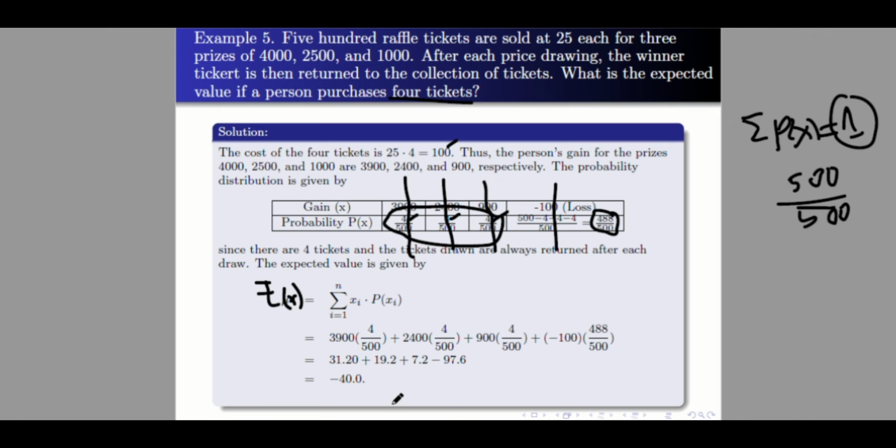So the result is negative 40. So you expect that the person will be on the negative side, the losing part. On average, you will lose 40. So it may give you an idea that you will somehow lose in the game.